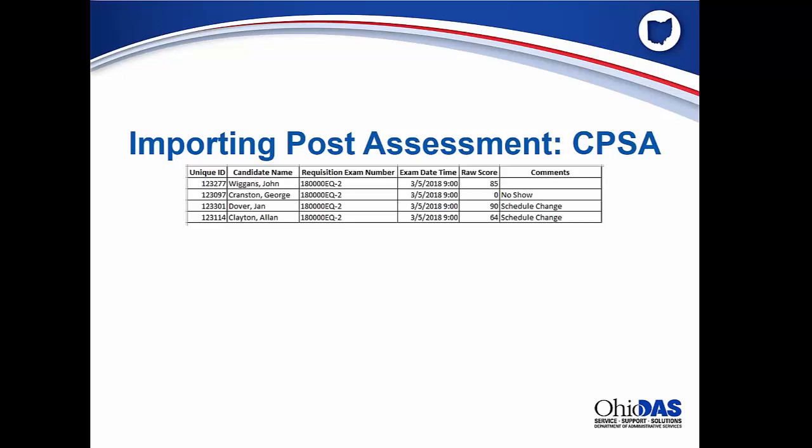Those are the ones that we have to have, plus a few others which are okay. I mean, we can still import this. We see that Wiggins came and passed, I guess, with an 85 raw score. That's his raw score only. Cranston didn't show. Dover and Clayton also showed, but they showed on different dates and times. Let's say that they just decided to come in with everybody else, with one with a high passing score and another not. So we'll import their scores using the same process that we did earlier.